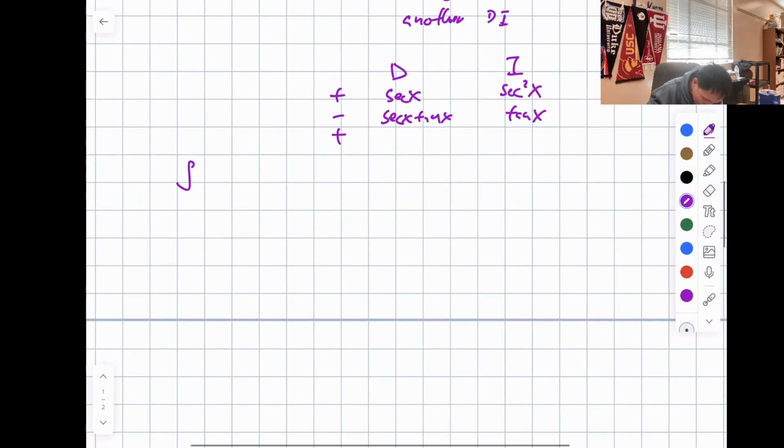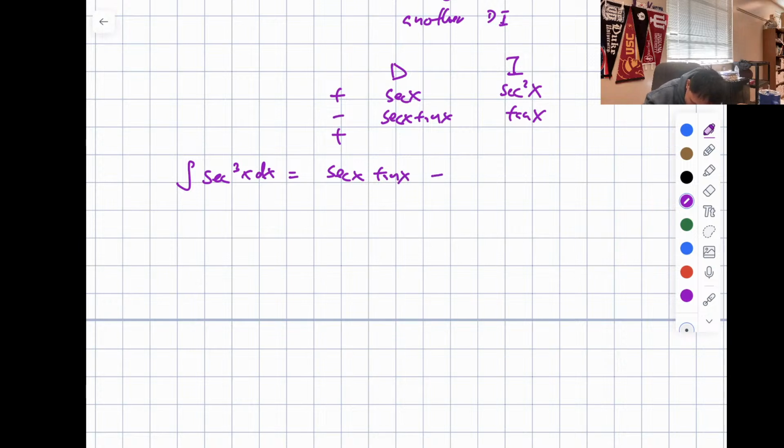Hold on, Marco, bro. So integration of secant to the third x dx, I'm going to just do this on the side. That's equal to secant of x tangent of x minus secant of x tangent squared of x dx.